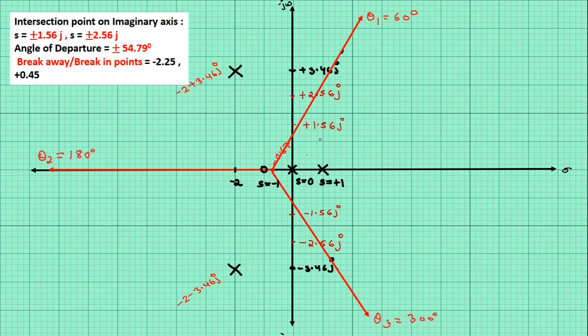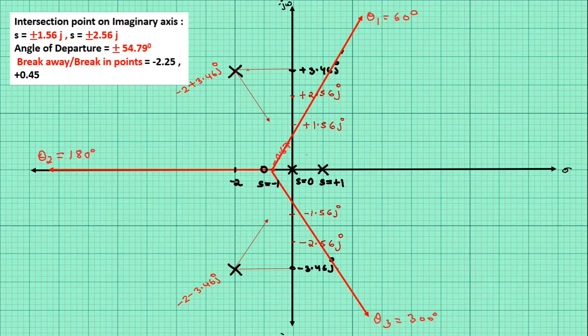So somewhere here we have plus 1.56j and this is minus 1.56j, and the second intersection point is plus minus 2.56j. So somewhere here we have plus 2.56j and somewhere here we have minus 2.56j. Now we have to represent the angle of departure with respect to the positive x-axis.